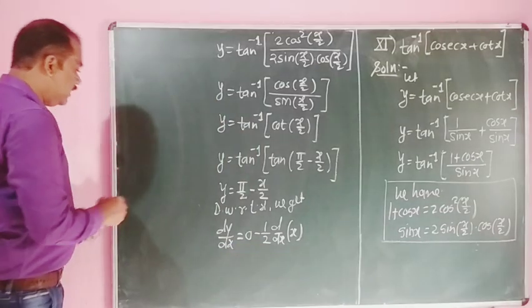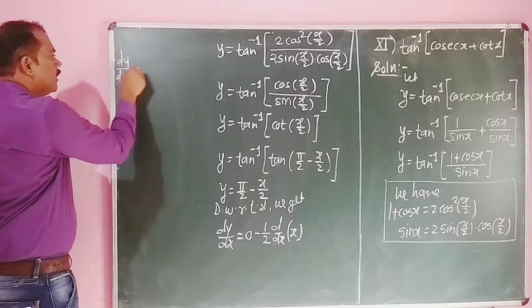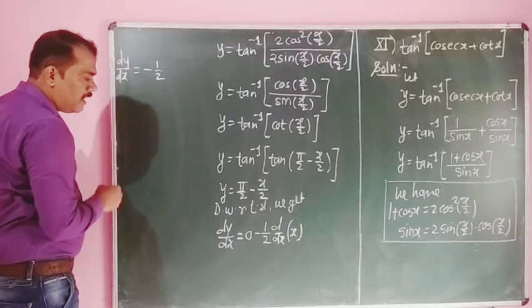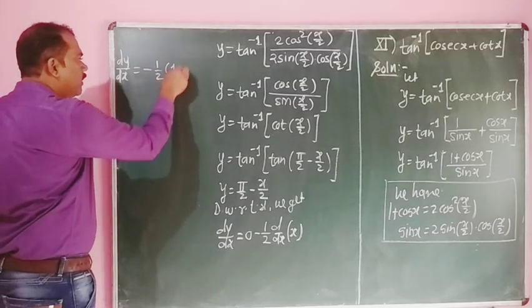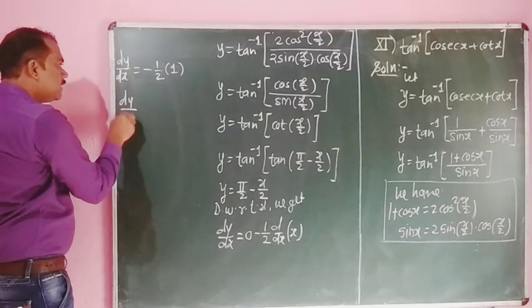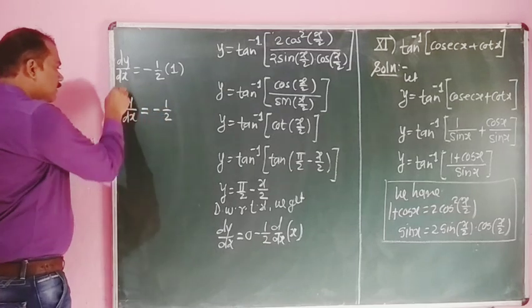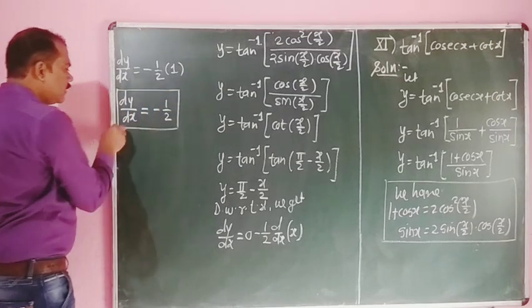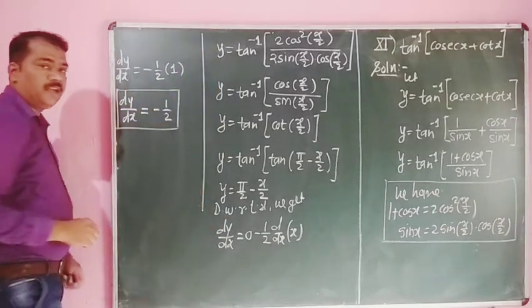So dy by dx is equal to minus 1/2. What is the derivative of x with respect to x? It is nothing but 1. That is, dy by dx is equal to minus 1/2, which is the required answer.